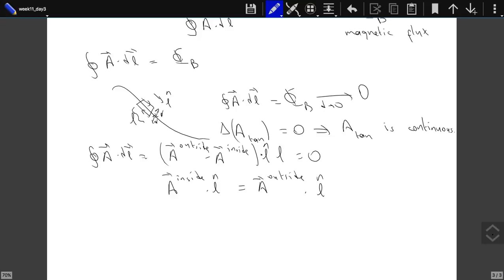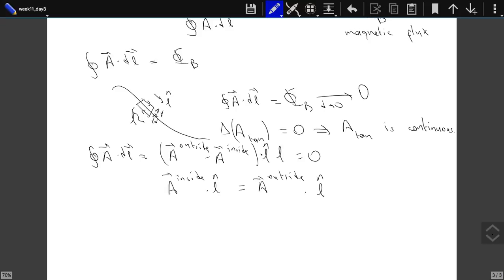And we also know the divergence of the electric field should be equal to rho over epsilon 0. And from this, we could conclude that the perpendicular component of the electric field will be discontinuous, and this discontinuity gives us the surface charge density. You had several homeworks to calculate the surface charge density using the discontinuity of the electric field.